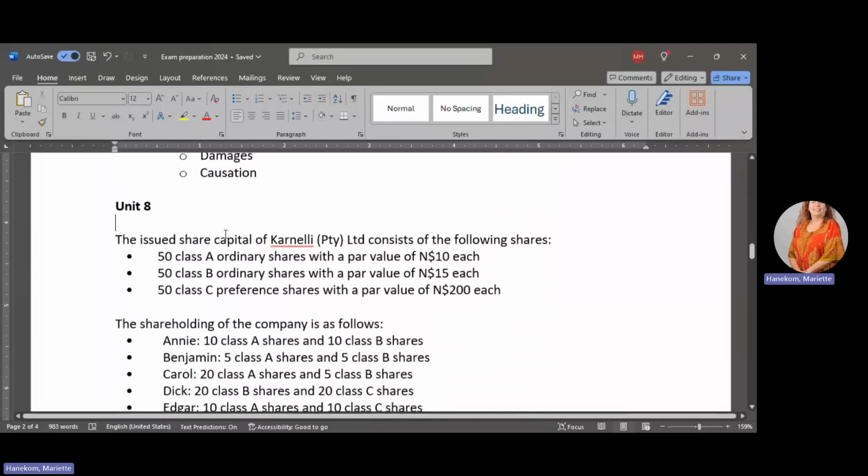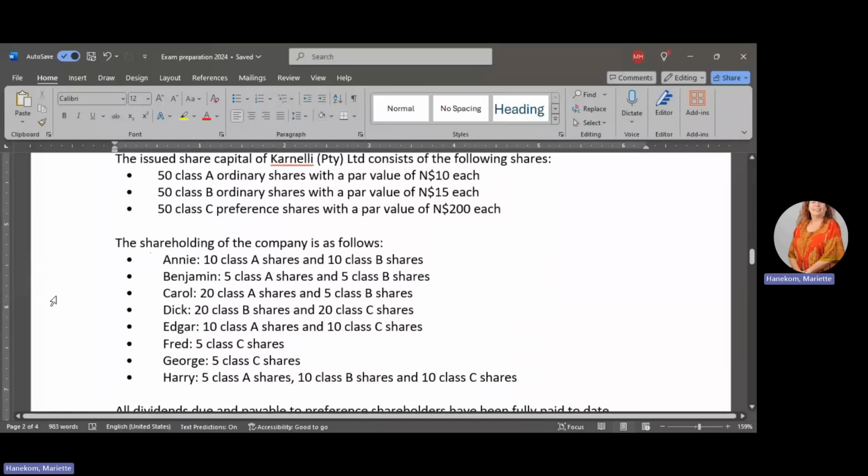So, standard question here, issued share capital consists of blah, blah, blah, blah. That's the shareholding. If you were to add all of them up, you would see that in this particular case, if you add together all the Class A shares, it equals 50. All the Class B shares, it equals 50.